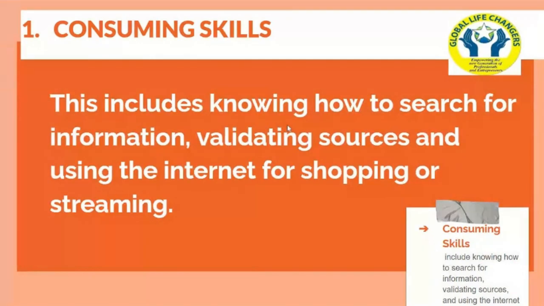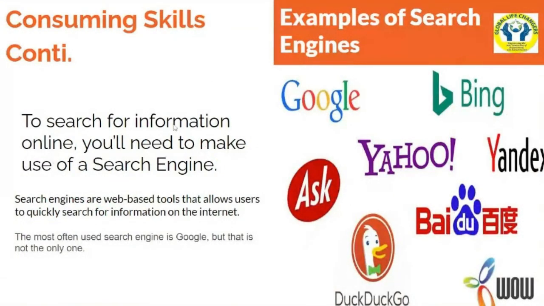And as part of that, we need to know how to search for information online. And to be able to search for information online, we need to make use of what we call search engines.